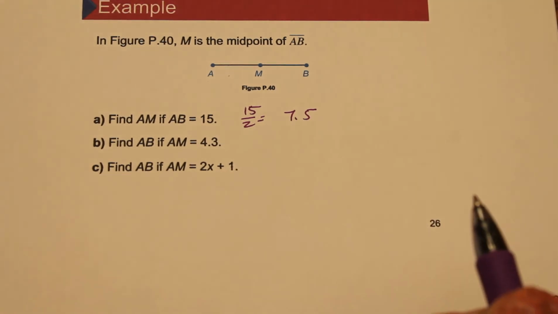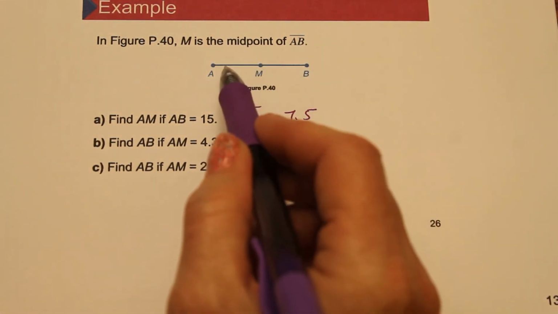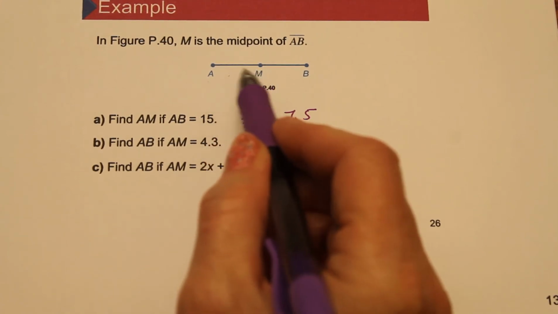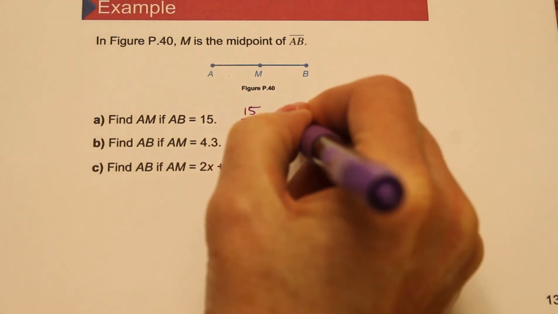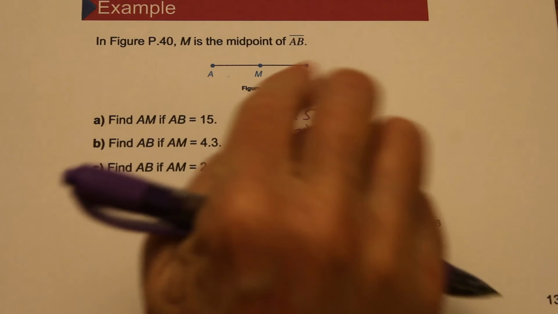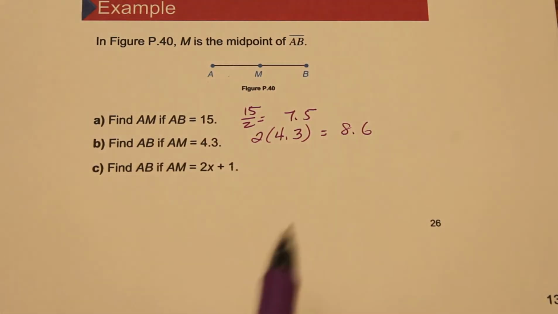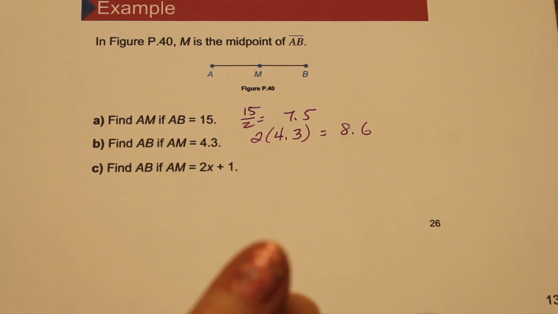Question B, they want us to find AB if AM is 4.3. So 2 times 4.3 is 8.6. The whole segment would be 8.6 if it's bisected into two 4.3 segments.